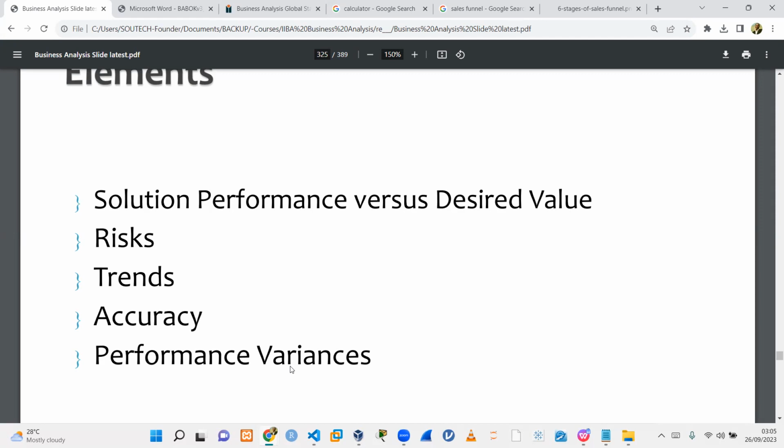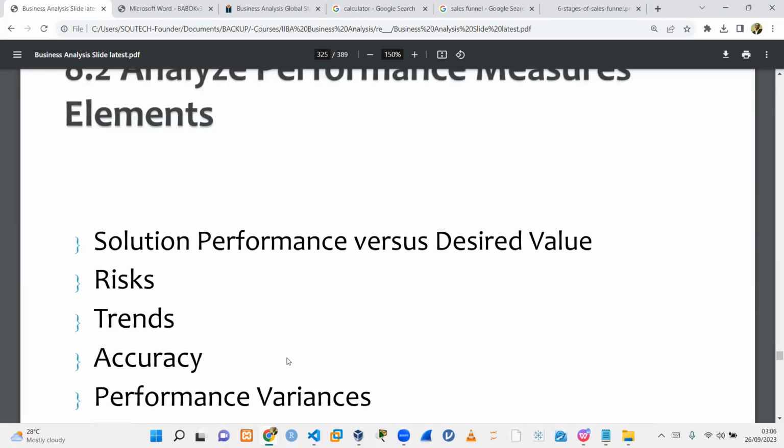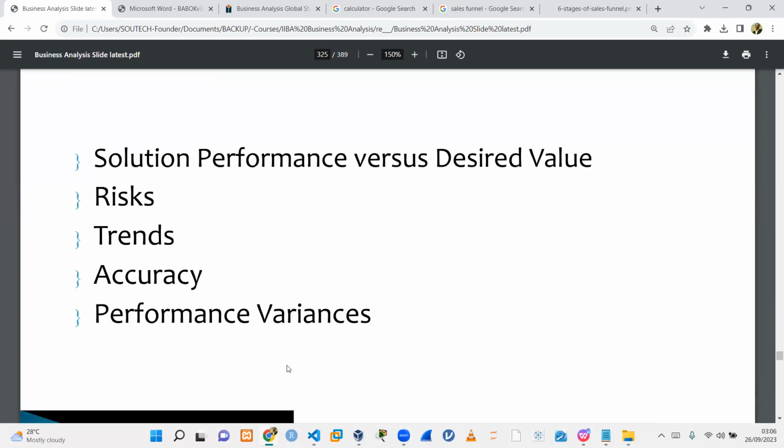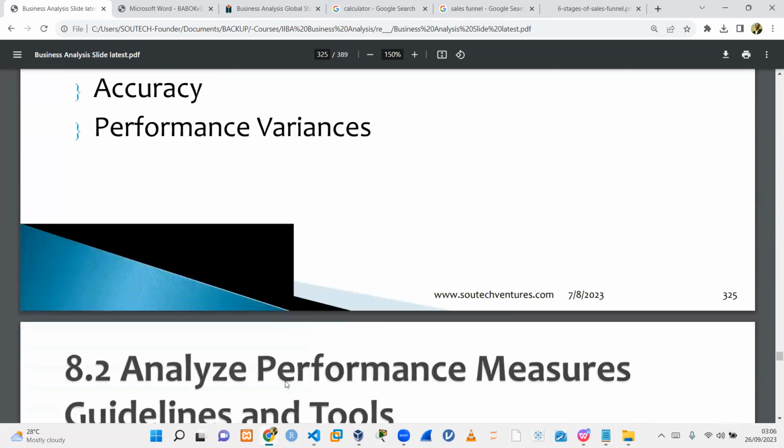They make some companies not able to deliver on their promise because they didn't do proper risk assessment. They didn't look at market trends. How can you be promising, let's say, 200% ROI within 30 days, and the market trend is roughly about 15%? So a good risk assessment is very key in analyzing your performance measure. Accuracy is always very important. Looking at the market trends is also very key.